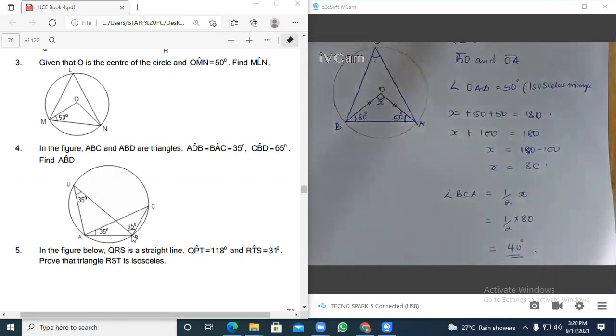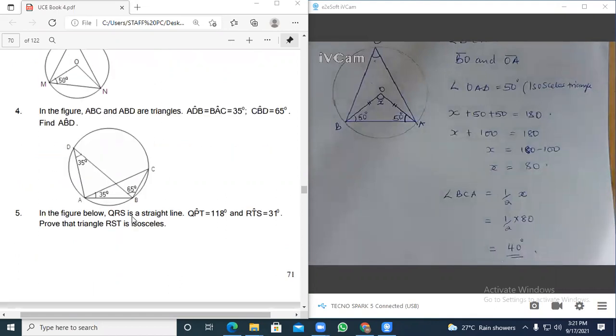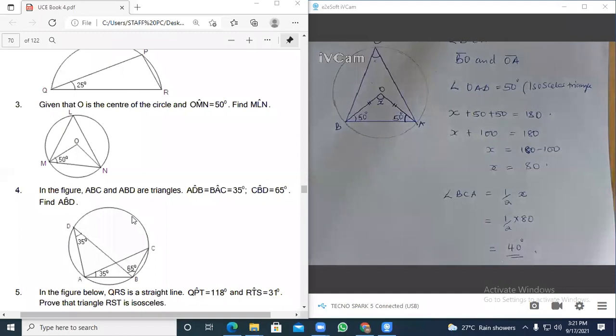Will you be able to do number 4? Yes, do for me also number 4. Are we together? Yes, teacher. Do those questions and post them on my WhatsApp. Number 3 and number 4.